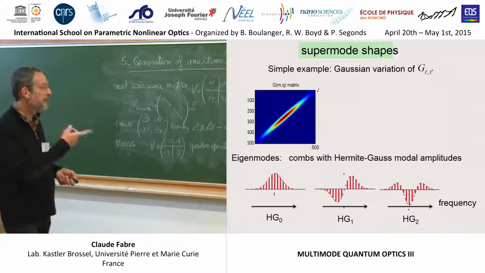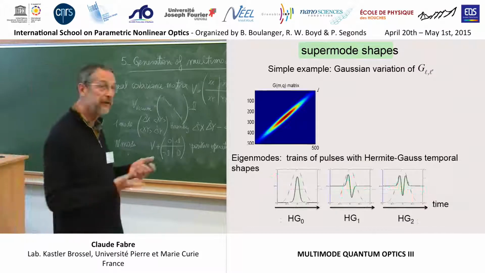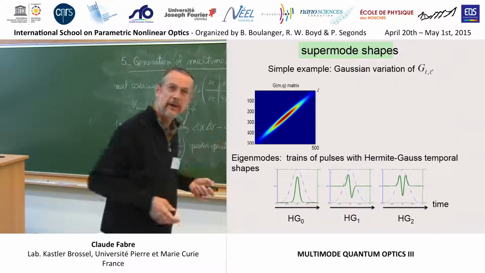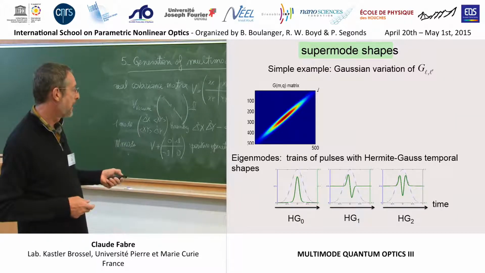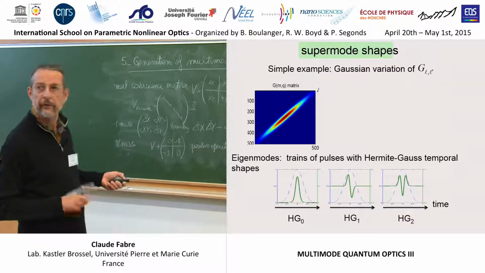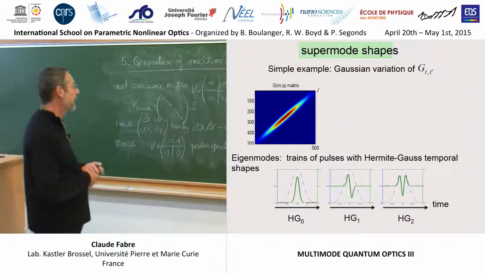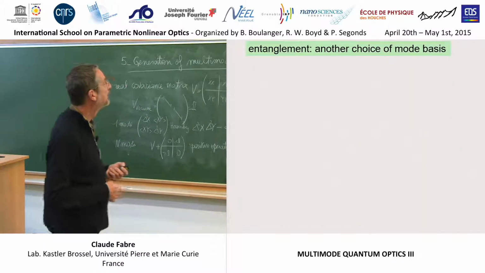It's in frequency, but you can go to the time domain by Fourier transform, and you know that the Hermite-Gauss Fourier transform is still Hermite-Gauss. So in time, it's a pulse which has a Gaussian shape for the zeroth mode, a pulse which has this shape for the first one, and so on. So these trains of pulses are eigenstates of the interaction.